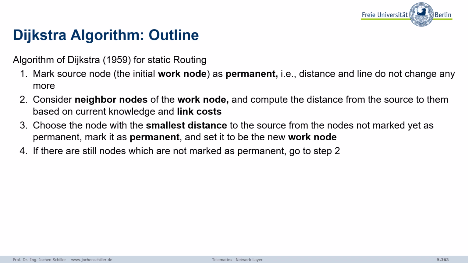You have this current knowledge, you start with the link cost directly, and then basically you continue and you choose the node with the smallest distance to the source from the nodes that are not marked permanent. You have a list of the neighbors, you take the one with the smallest distance, mark it as permanent, and set it to be the new working node. And then you repeat this if there are still nodes that are not marked as permanent.